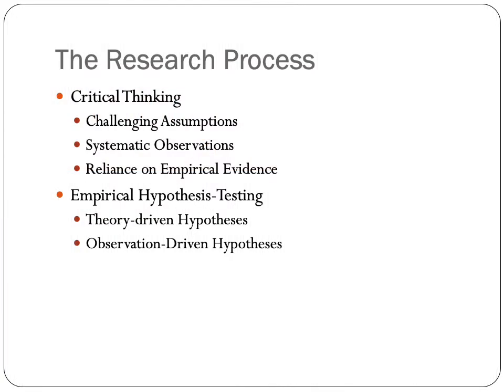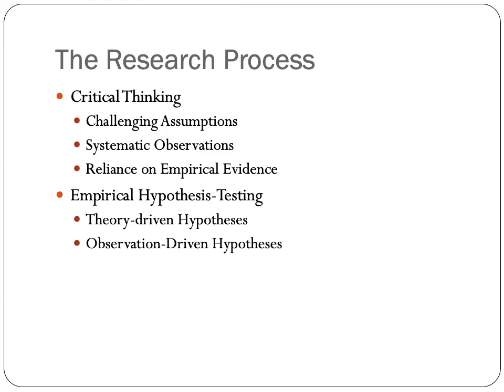First of all, we're going to talk about the research process. There's different ways that research can be done, right? There's critical thinking or empirical hypothesis testing. Critical thinking is sometimes in social science referred to as more theoretical versus empirical research, even though that's not really super accurate. Critical thinking, though, challenges assumptions.